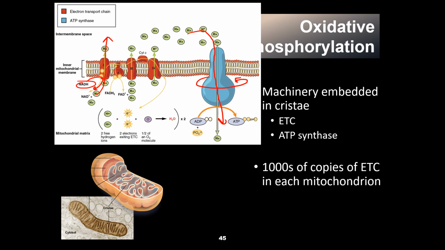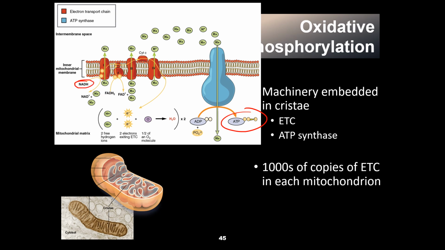And in that spinning process, that mechanical process, it takes adenosine diphosphate and an inorganic phosphate, and it links them together to form ATP. Okay? Now the question is, how many ATP molecules can I make from a given NADH molecule?